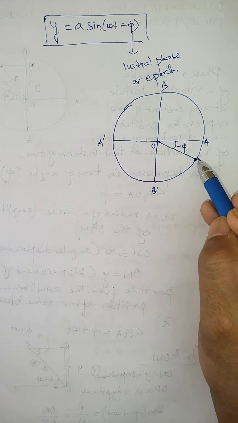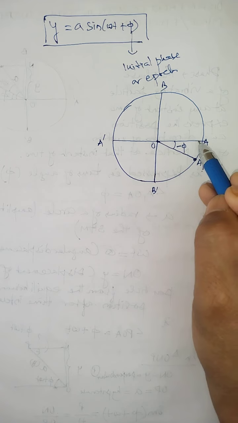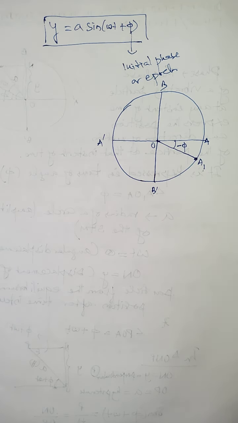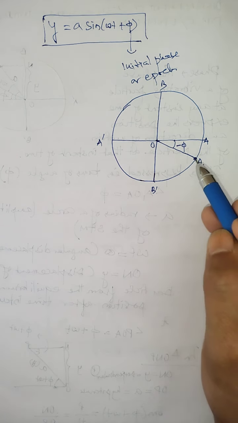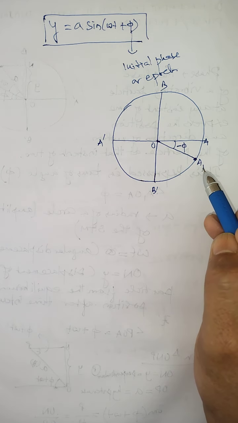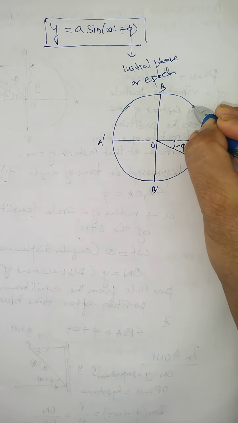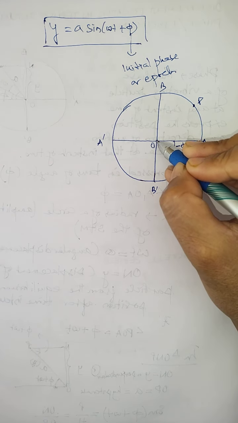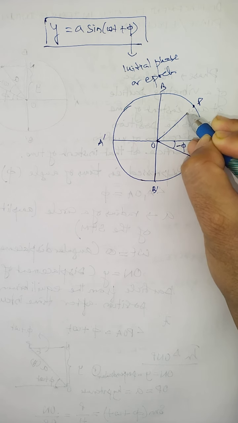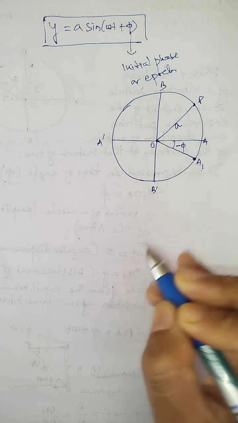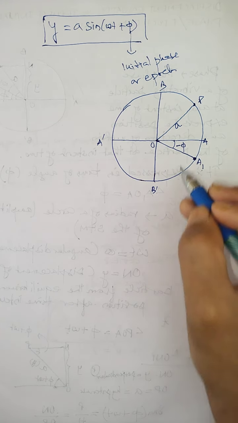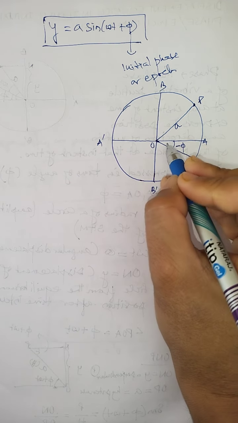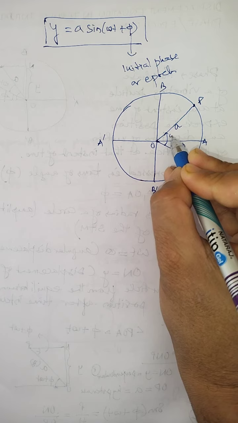This minus phi is also the initial phase. When the particle starts from A1 and acquires a position P after a time interval t, this distance will be A only, and the angular displacement will be omega t.